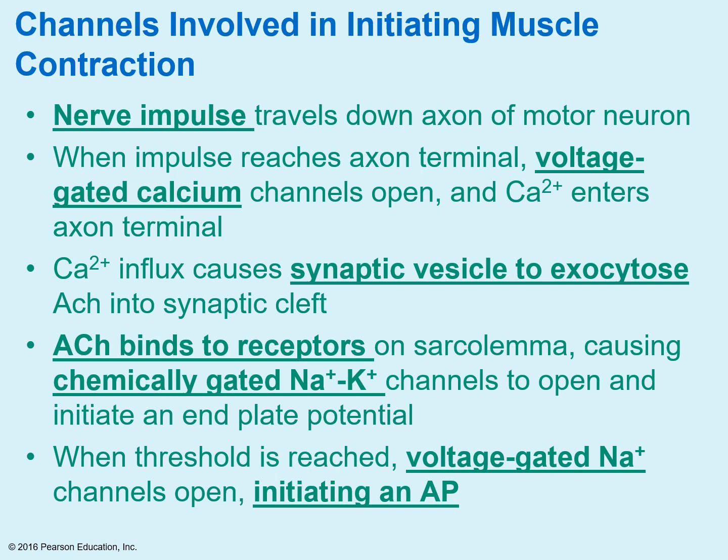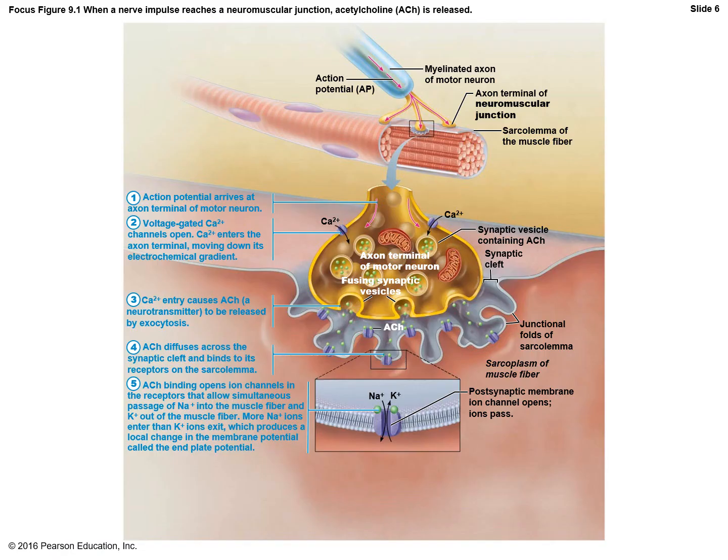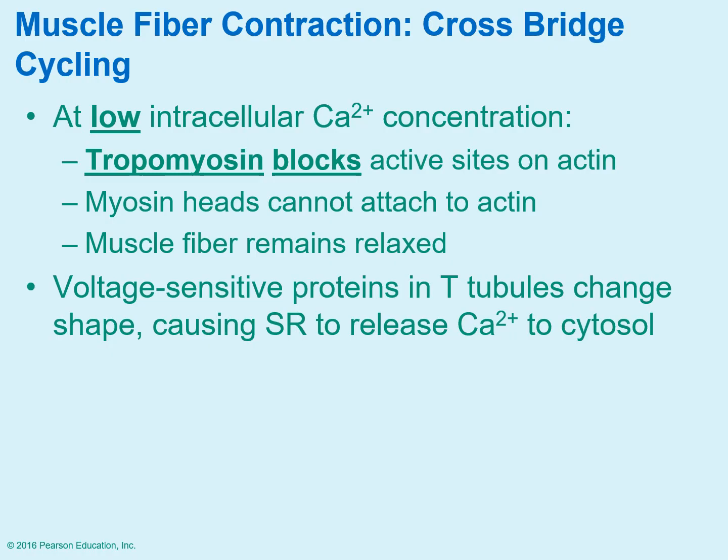generating the end-plate potential. If it is strong enough, it will then open the voltage-gated sodium gates, allowing further influx of sodium, generating now an action potential which will move down the sarcolemma to the T-tubules, allowing the release of the calcium.